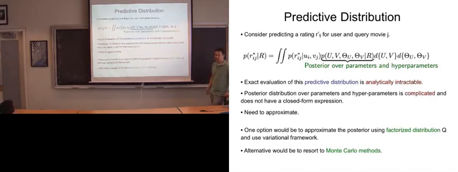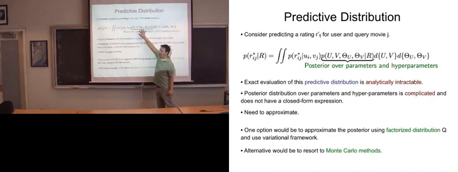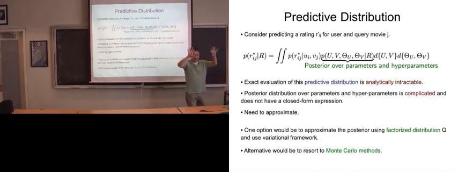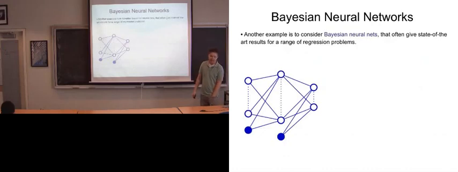Okay, but that's one of the examples where you have some complex posterior distribution of the latent variables, how they interact, and you need to approximate that. Here's another example. These are known as Bayesian neural nets.